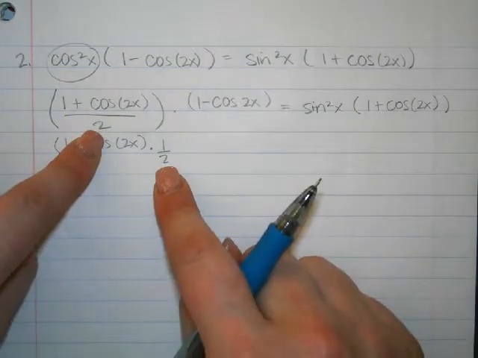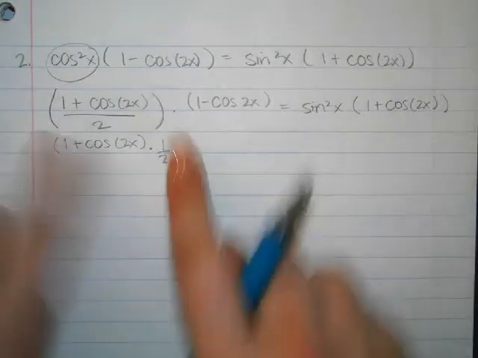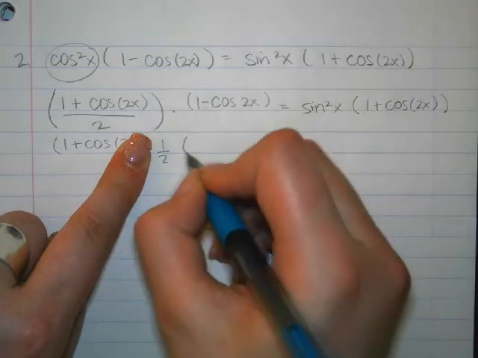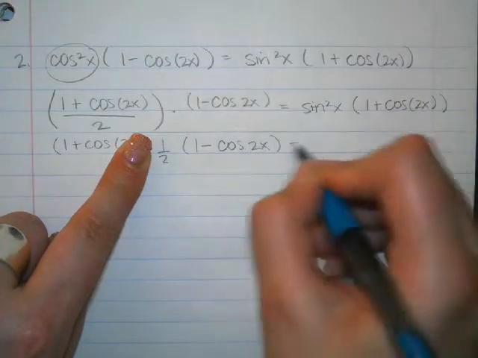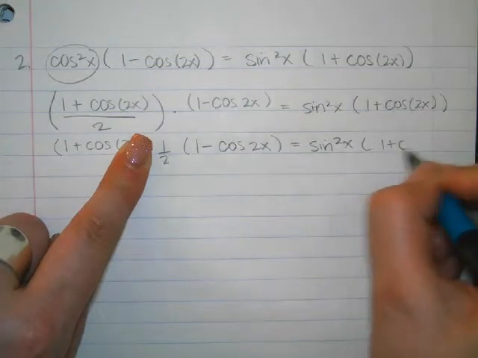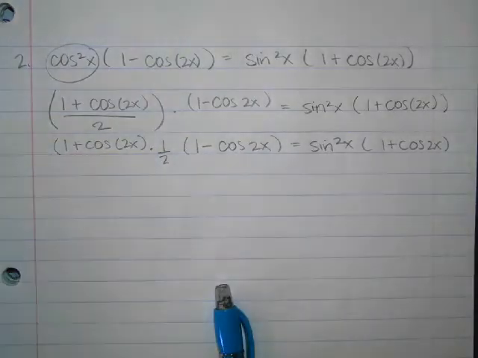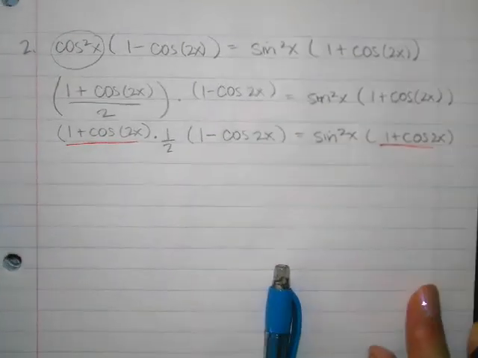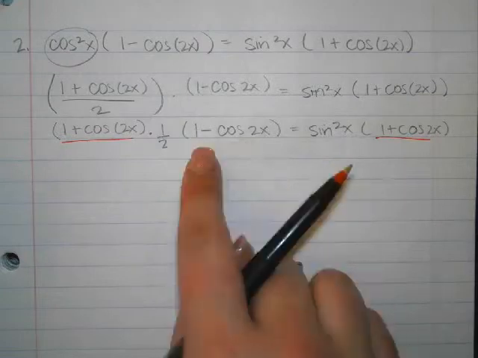I'm just going to move it over off to the side, because I know I want to keep this, but I don't want to keep that 1/2. I'm going to want that 1/2 to go away. And then I have a 1 minus cos 2x. So right now in the problem, this and this are the same. And that means I need to get rid of this.